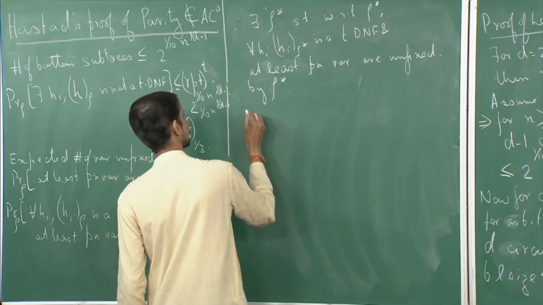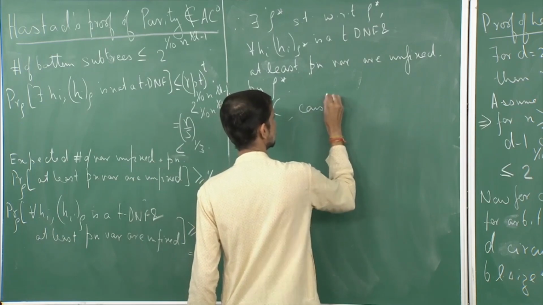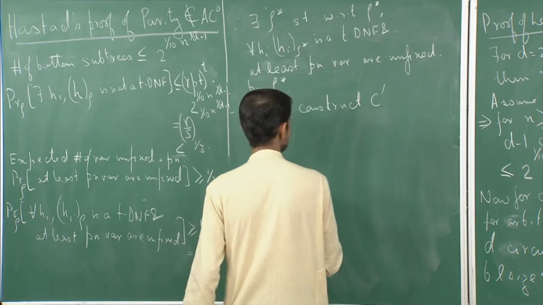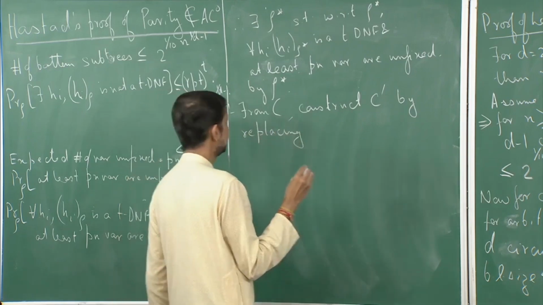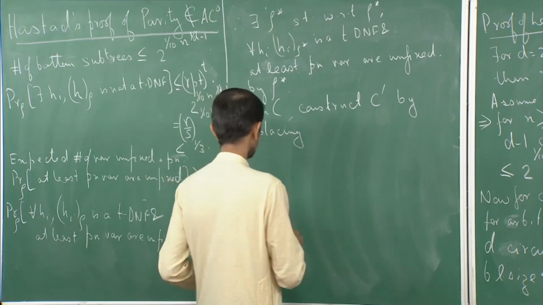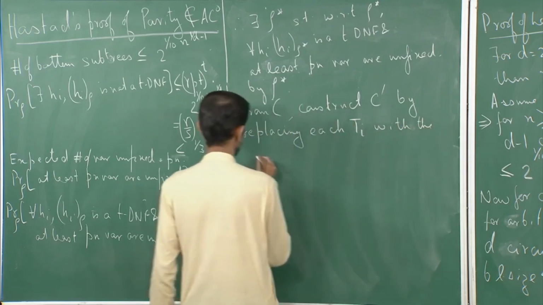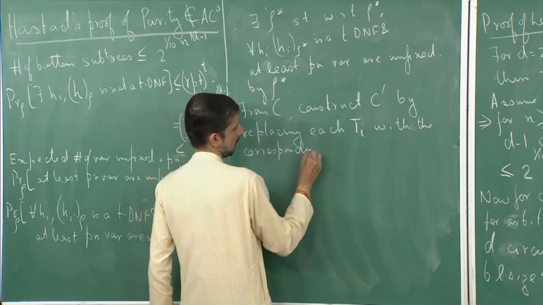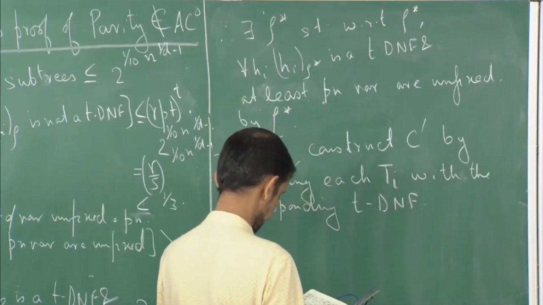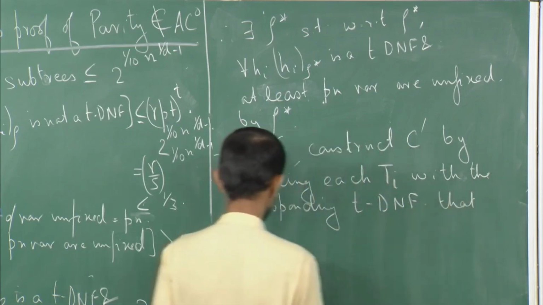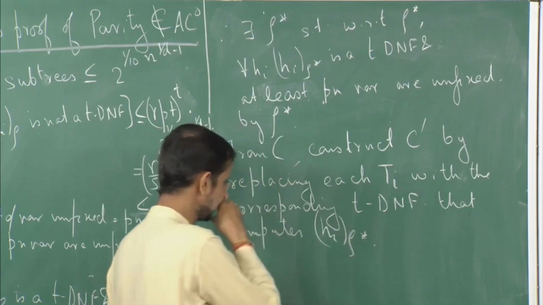So, from C construct C prime by replacing each T_i with the corresponding t-DNF that computes H_i restricted to rho star.